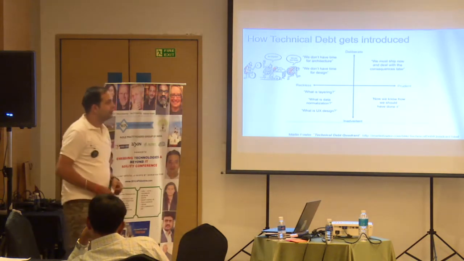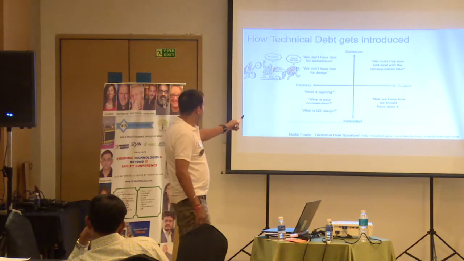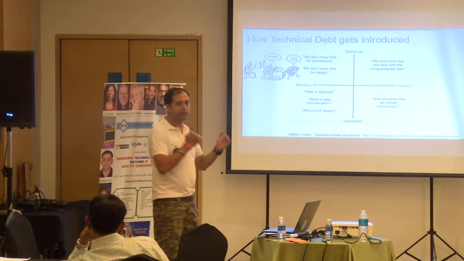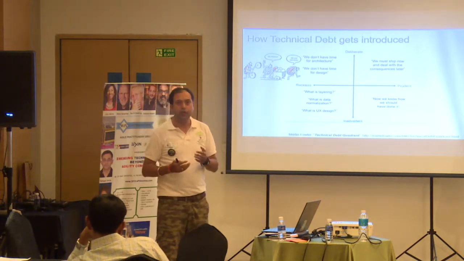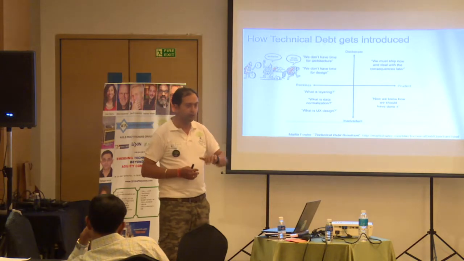The same thing, if you'll see, there is a sense which falls between prudent and inadvertent. You don't know how to do it. You want to try to fix it, but you really don't know how. You don't have a plan.